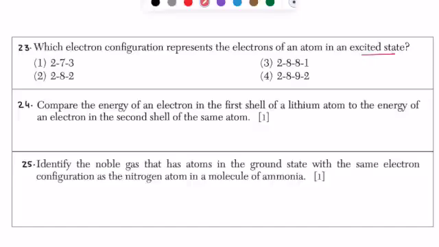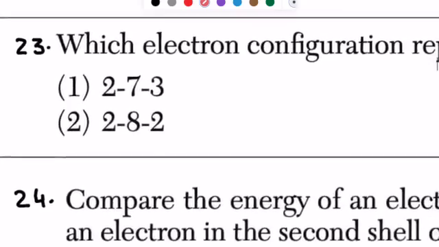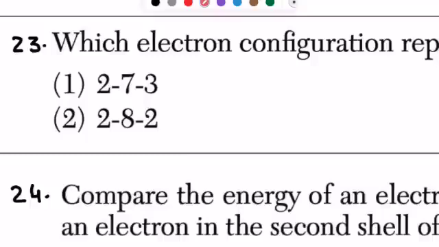To answer this question, we are looking for an option where we have an unfilled orbit, but we still have electrons in the next orbit. If you look at option 1, you can see that orbit number 1 is complete. Orbit number 2 is incomplete because it can fit 8 electrons, but we only see 7 in this case.